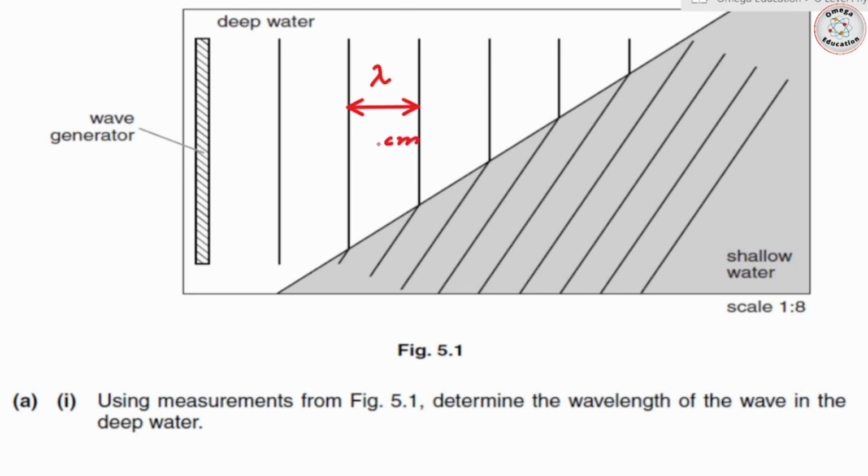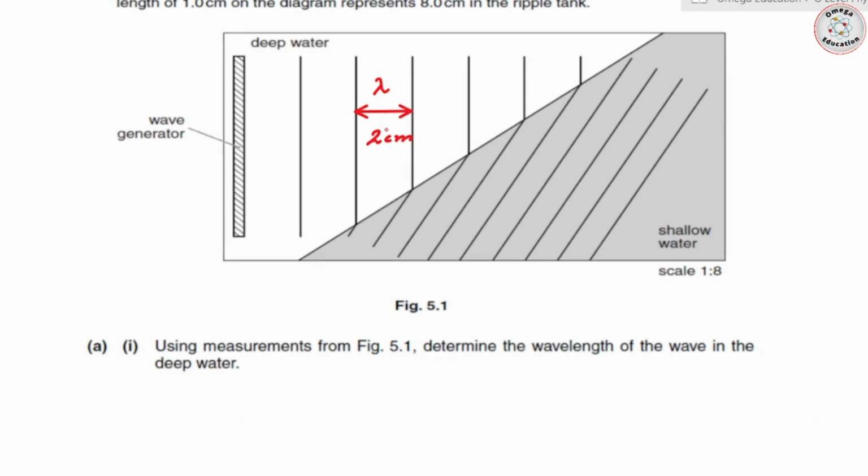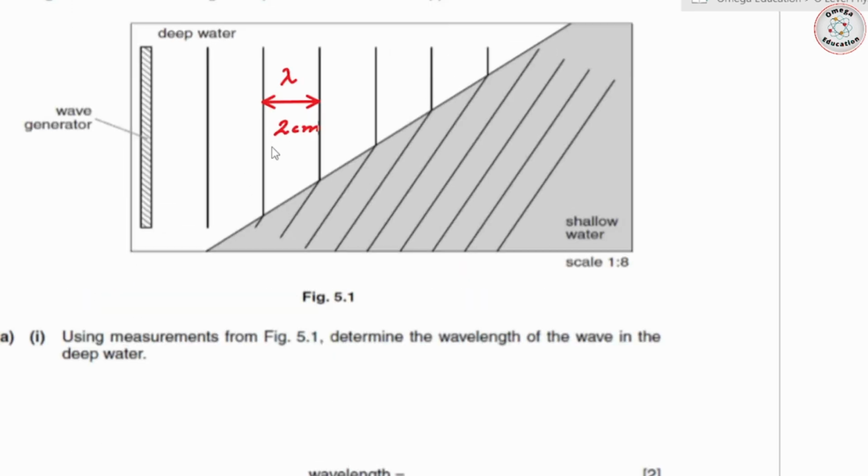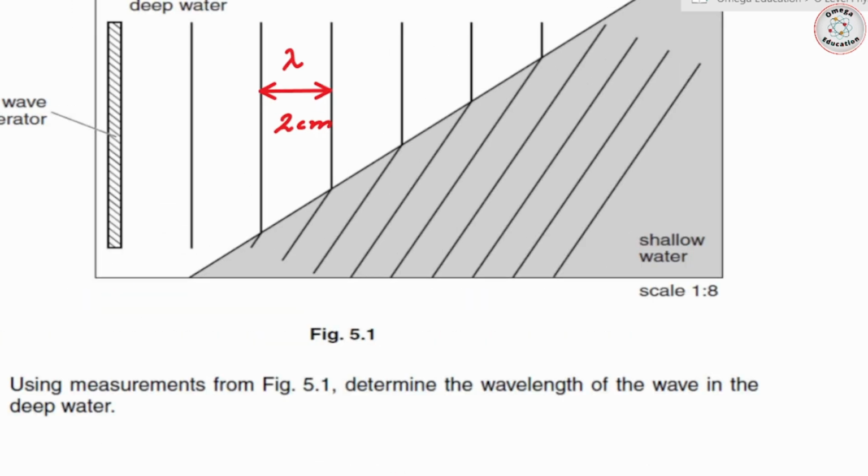This is a supposed value. You do it with a ruler, measure the distance between two consecutive lines, whatever it is, you just write it down. Since I can zoom it in, distance would be increased. If I zoom it out, distance would be decreased. So I'm not going to write any certain value. I assume that on the sheet of paper, the distance is 2 centimeters.